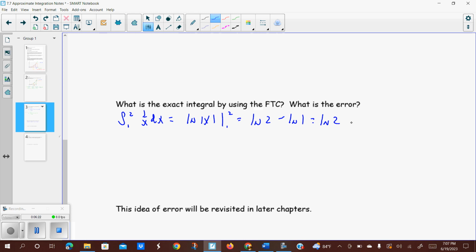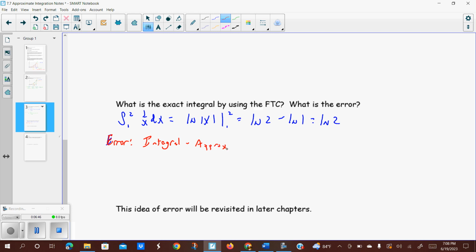We want to see how close of an approximation we had. So the idea is that the error, oops, that's supposed to be in red. Here we go. The error is the exact integral, whatever we get for that value, minus the approximation value.